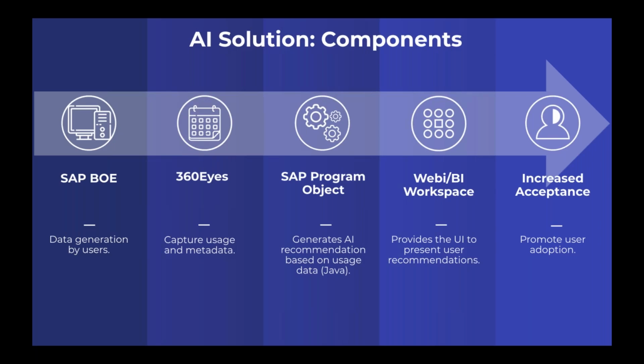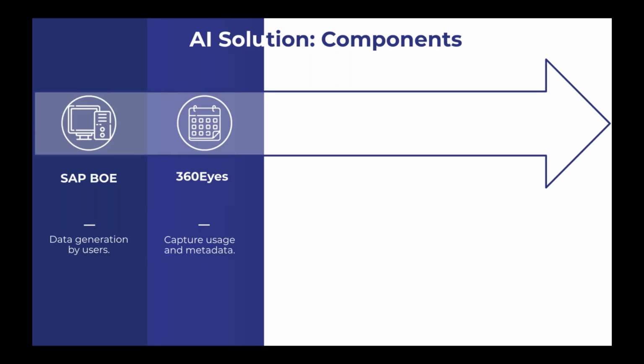Yeah, so 360Eyes, if you're on this webinar, you're probably familiar with what it is, but if you're not, I'll give you that introduction. I'm saying this from a customer perspective: 360Eyes makes it incredibly easy to understand and leverage the information that is generated through your BI platform, called metadata.